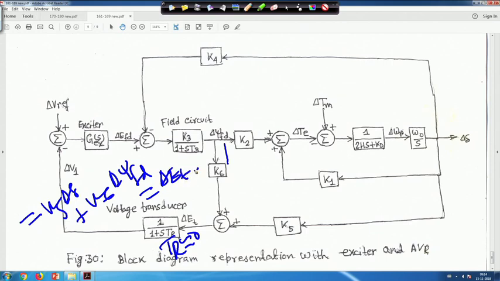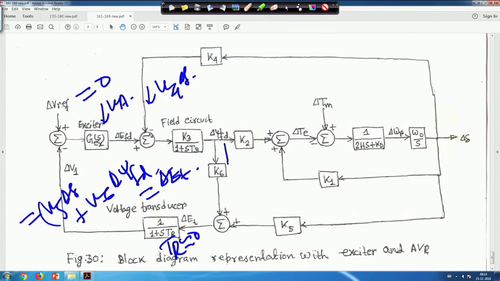And if we assume that delta V reference is equal to 0, then here it will be minus, and this gain is actually k a, right. So, it will be minus k a into this term, and from here it is coming minus k 4 delta delta.